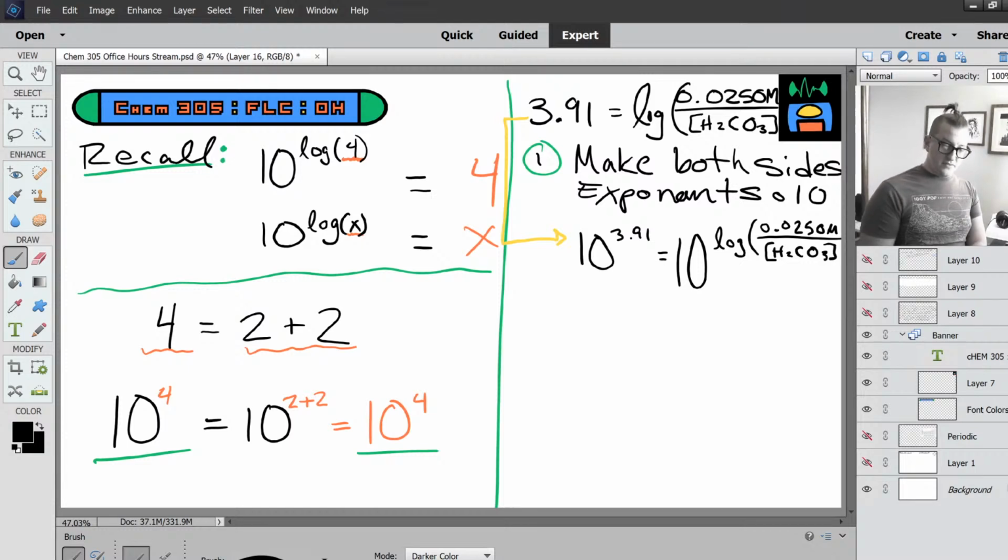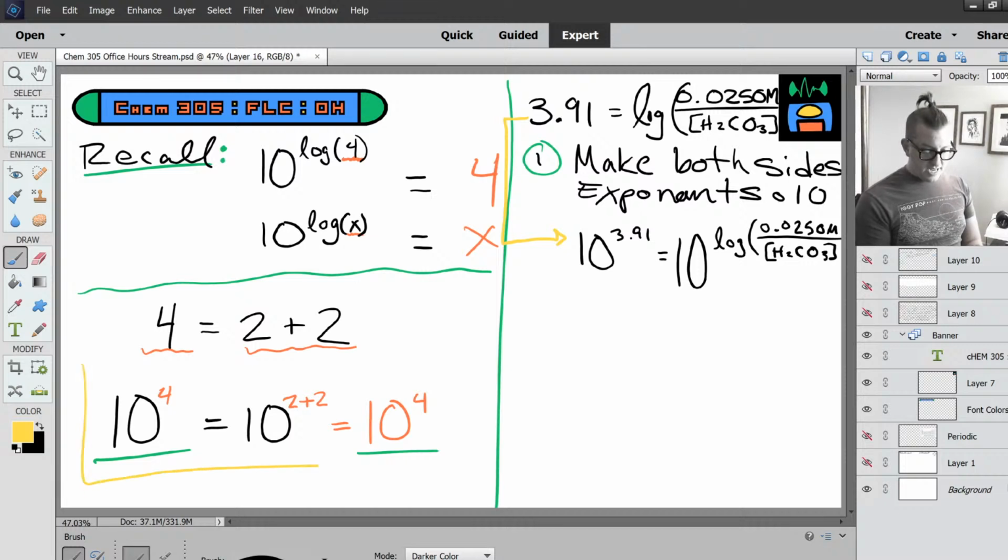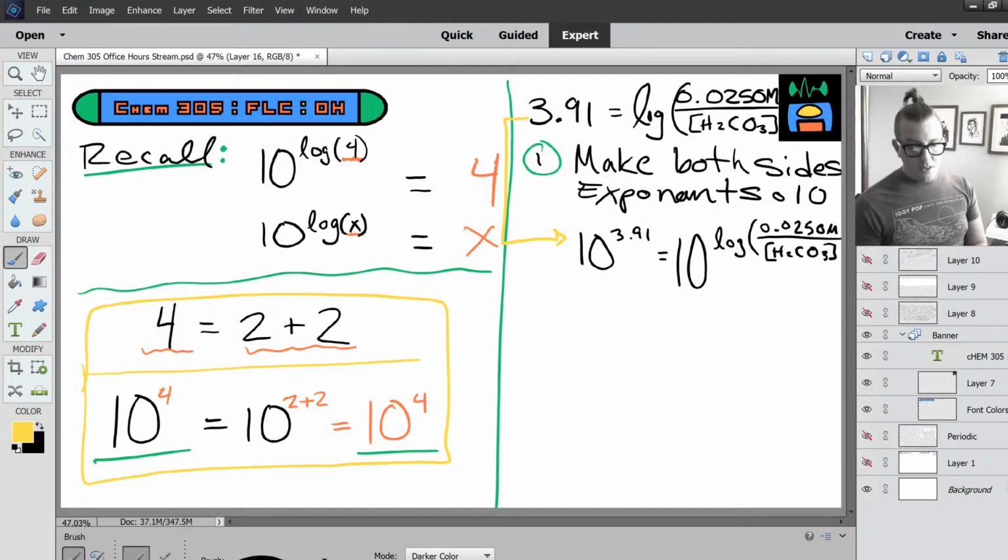All right, that's what I've done. I've made both sides a power of 10. We can see here that when you do that to an equation, it's still true before and after. The question is why?